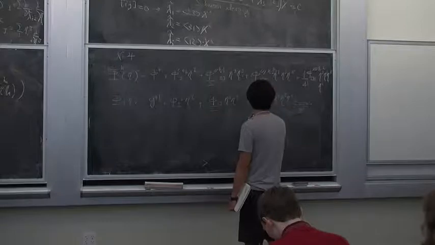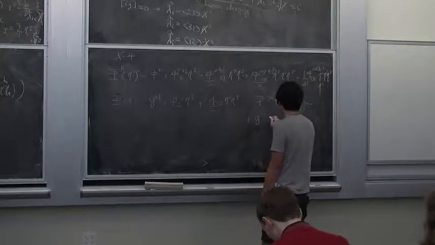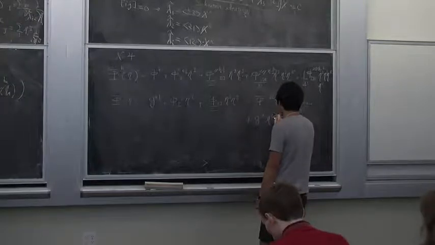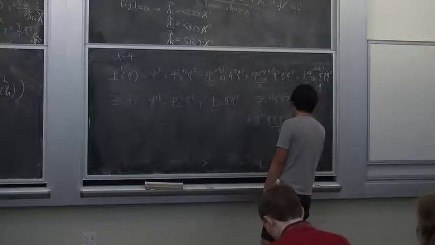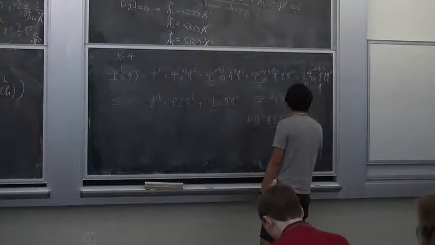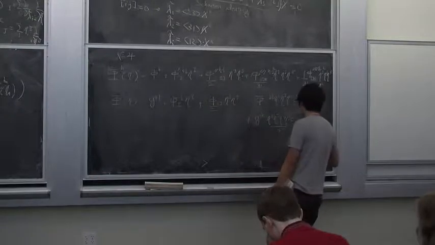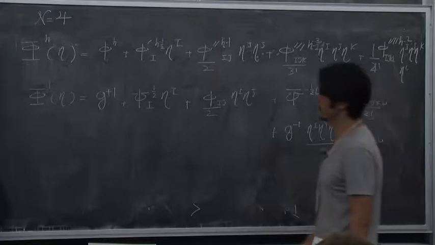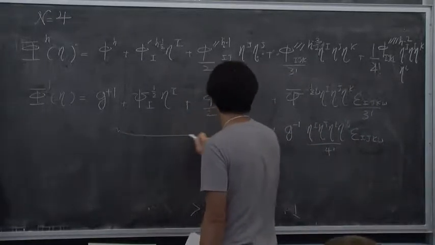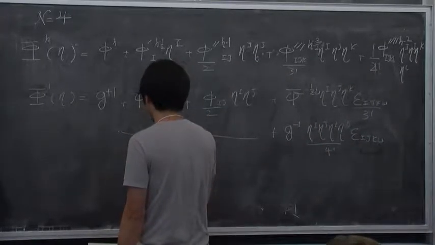And finally, I have the negative helicity gluon. And now I have just basically eta I, eta j, eta k, eta L, 4 factorial, and everything is just contracted in with the SU4 Levi-Civita. Okay, so this is the N equals 4 super Yang-Mills multiplet.